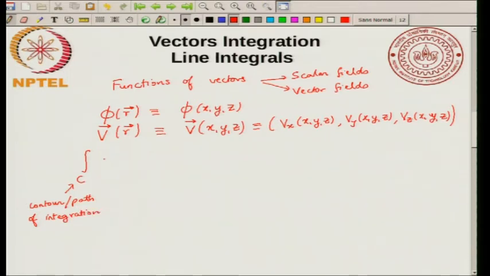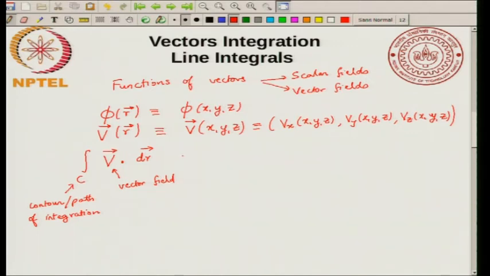And you can have something like V, a vector field, dotted into dr. Notice that since R is a vector, dr will also be a vector, and what we did is we took a vector field and dotted it into dr, because the vector field has various components, and you dot these with the various components of dr. So, this is the typical line integral that we will be talking about.